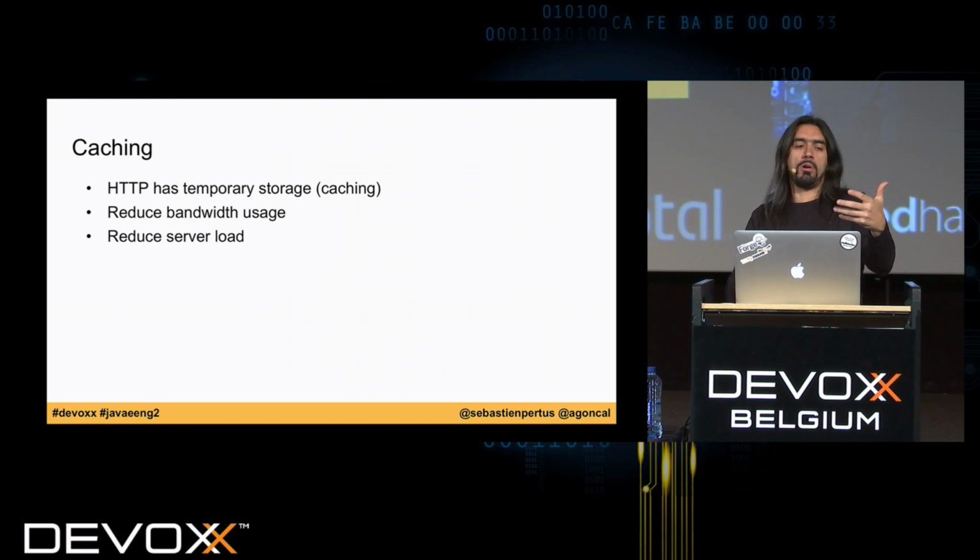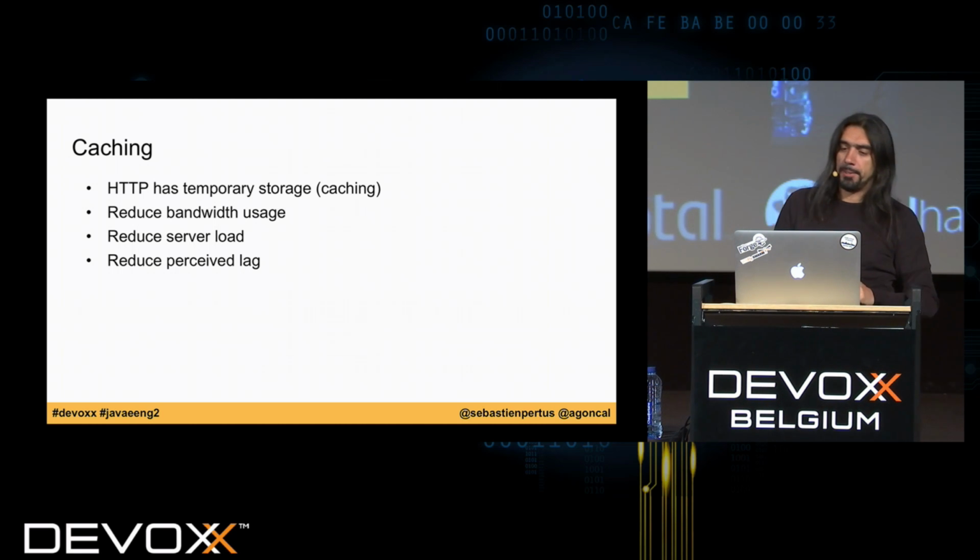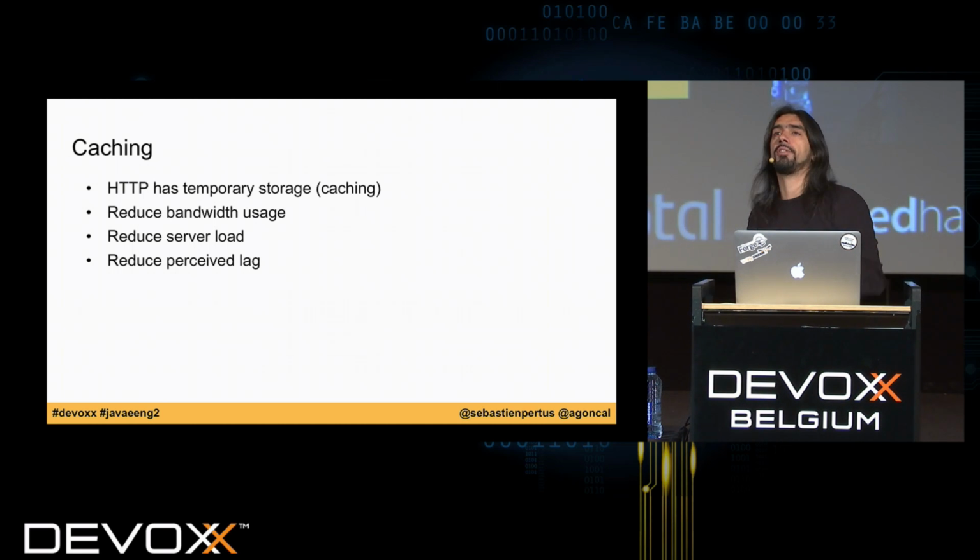And if you are on your mobile app and you click on the same speaker again, and if it's already there, then you perceive that this application is responding quickly. So you have cache control. You can give it time to live. This information can stay in your browser, in your phone, in your proxies, and everything.